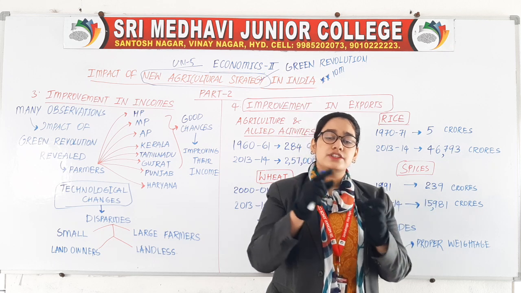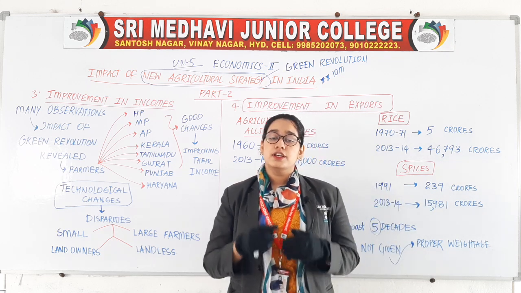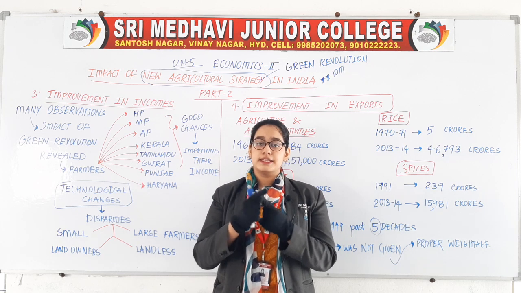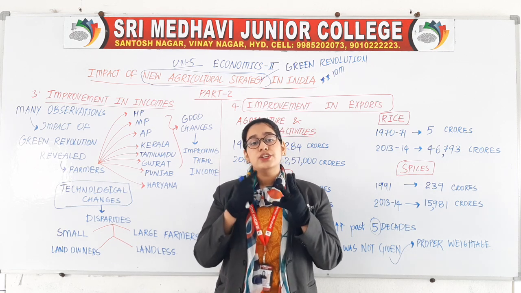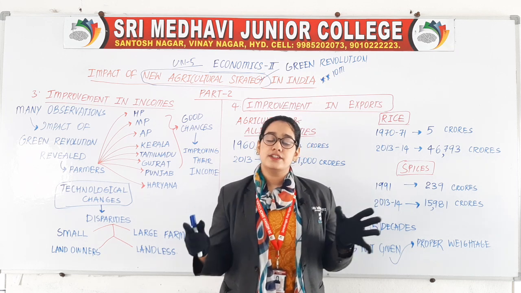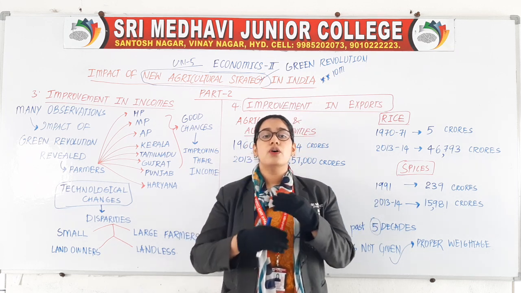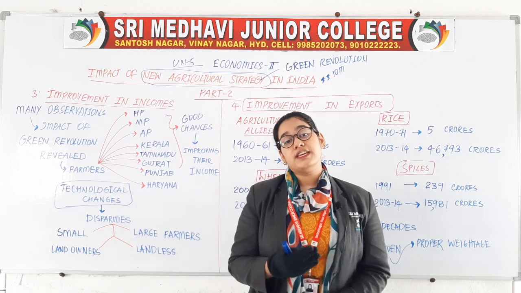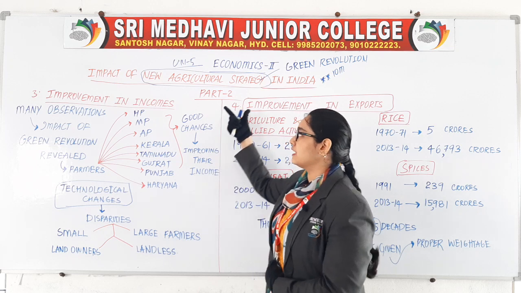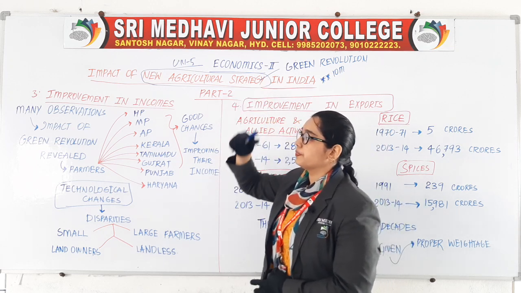A new strategy in agriculture with the use of insecticides, pesticides, new technology, HYV seeds, etc. So by using all these things, we want to increase our productivity in agriculture.